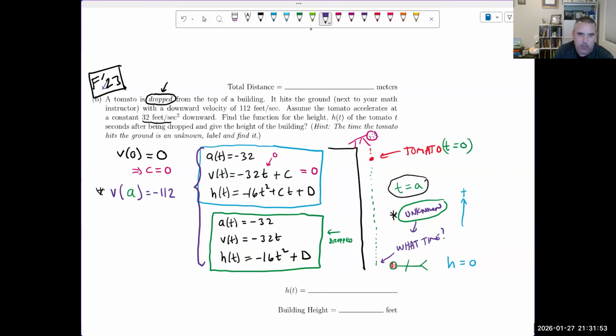The moment I see that though, now I have two things I don't know. I still don't know what D is, and now I don't know what A is. So in total, I had three things I don't know, and I only have two facts. So then I start to think, is there another fact in this problem that I missed?